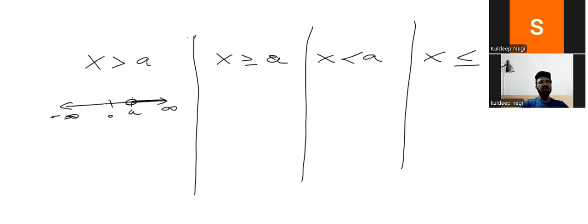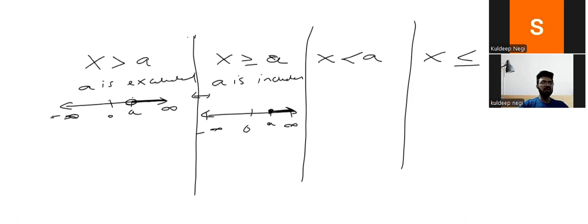Now, there is a very slight difference between these two inequalities, x greater than a and x greater than or equal to a. Again, the same number line, 0, infinity, minus infinity. This is your a. Now, instead of a circle here, you make a dot, and then all the values on the right side of a are included. Here a is included, and here a is excluded.